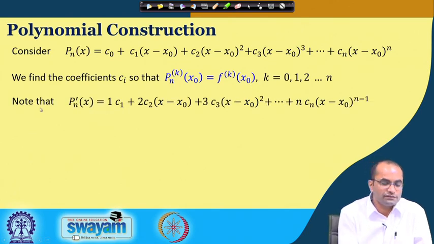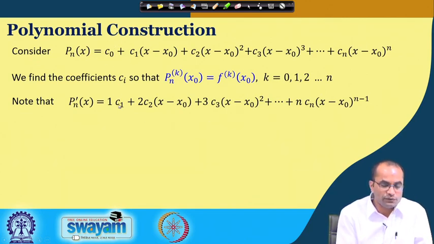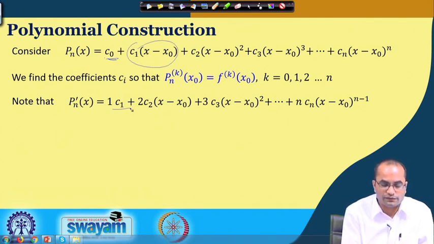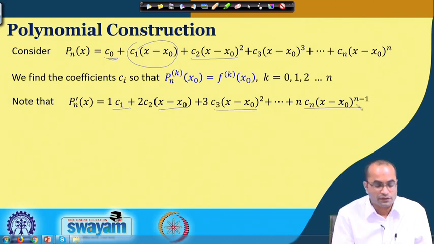First, we note that the first derivative of this polynomial is as follows. The first term c 0 is a constant, so it gives 0. Then from the second term we get c 1. Similarly, from the next term we get 2 times c 2 times x minus x 0, then 3 times c 3 and so on.